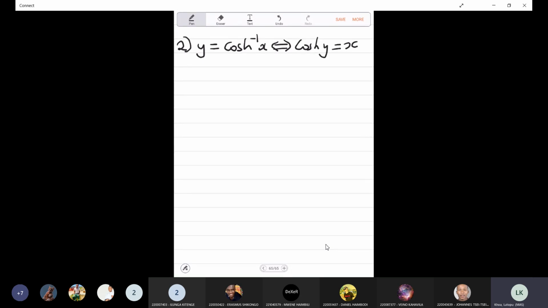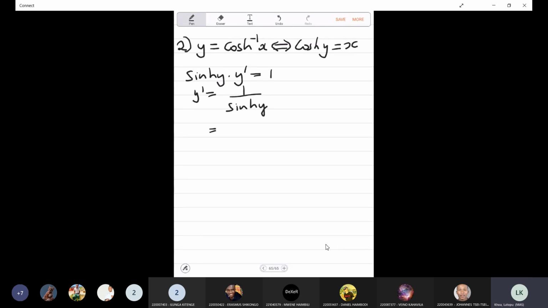Then we differentiate it the way we did the previous one. We have hyperbolic sine of y times y prime. This is equal to 1, and this means that y prime is equal to 1 over hyperbolic sine of y. Then we use our identity.